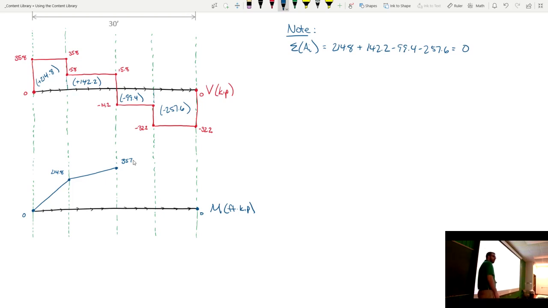What does that put me at? 257.6, right? And then drop down to 0. Now, I got a lot to say about this moment diagram, so we're not going to jump away from this just yet. But that's our moment diagram.